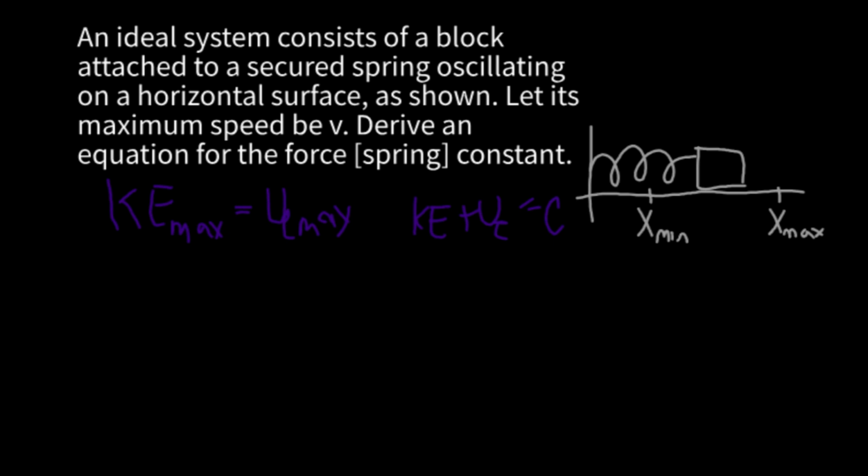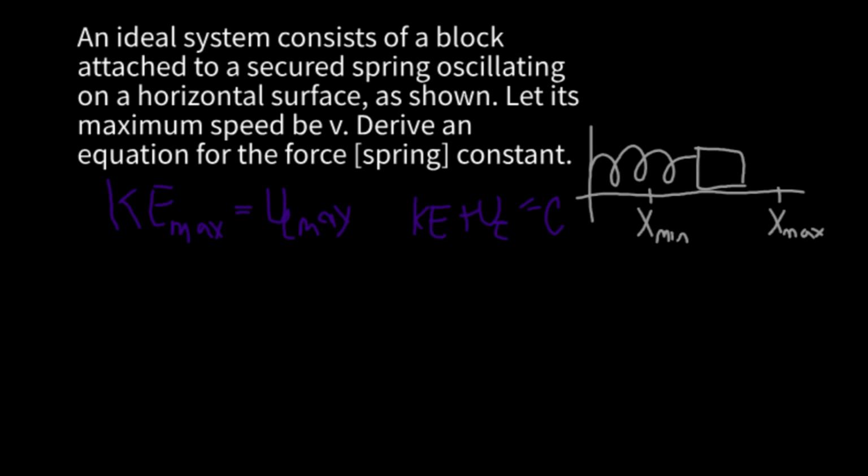Now at the minimum and the maximum where the spring was released, it was released from rest, so at those points kinetic energy is 0, so we just have our elastic potential energy that equals our constant. However, when the spring is passing through its equilibrium, it's not stretched at all, and our elastic potential energy is 0, so our kinetic energy equals a constant. Those 2 points are where those two energies are at their maximums and they equal the same constant. Therefore, our maximum kinetic energy equals our maximum elastic potential energy.